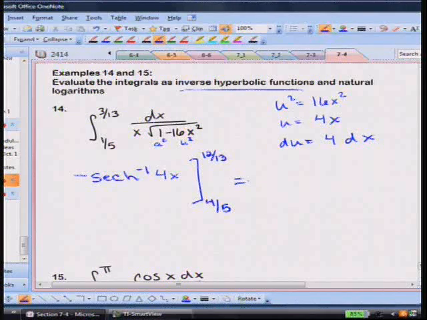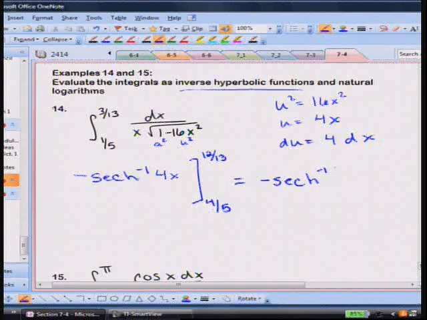And that's going to be the inverse hyperbolic secant of 12/13 minus the inverse hyperbolic secant of, this is u.